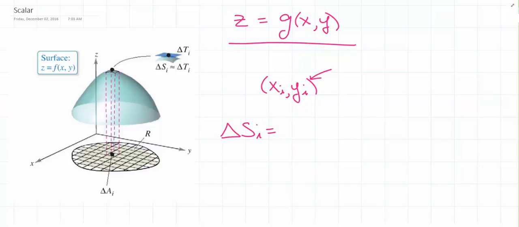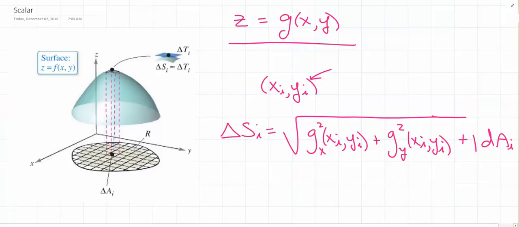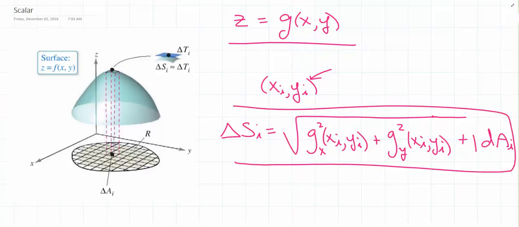That's going to be equal to the square root of the partial of g at xi, yi with respect to x, squared, plus the partial with respect to y, squared, plus 1, dA. So this is the area of that little parallelogram up here.